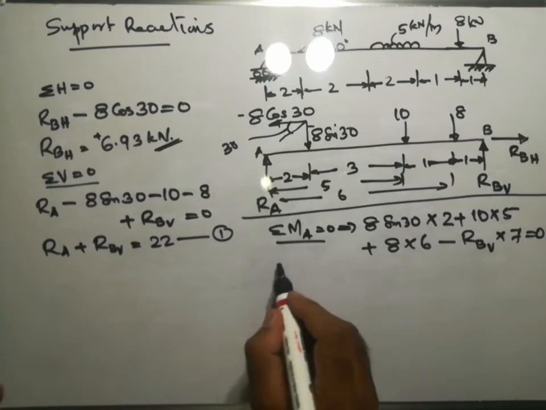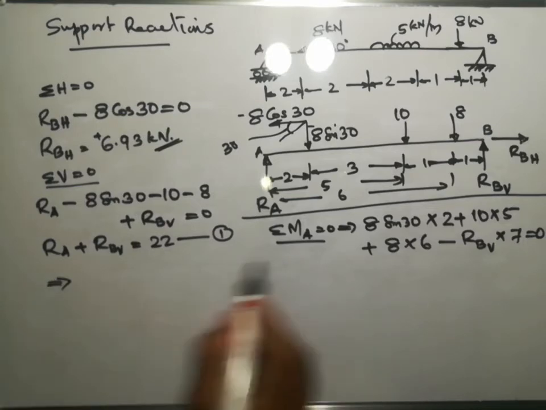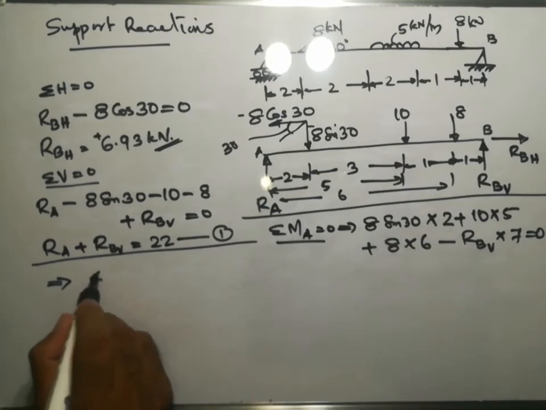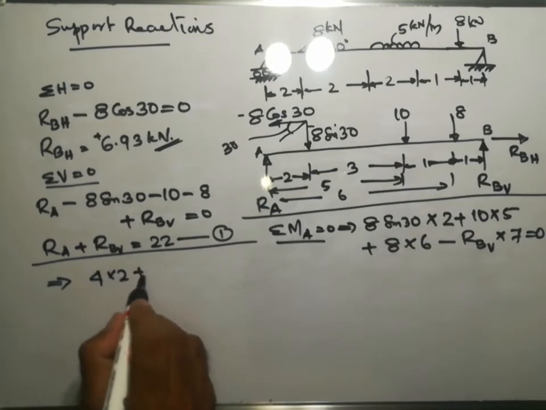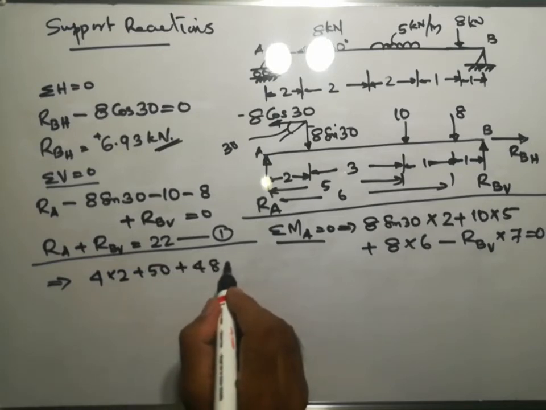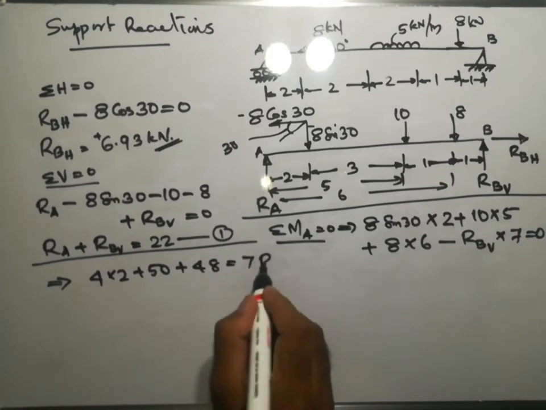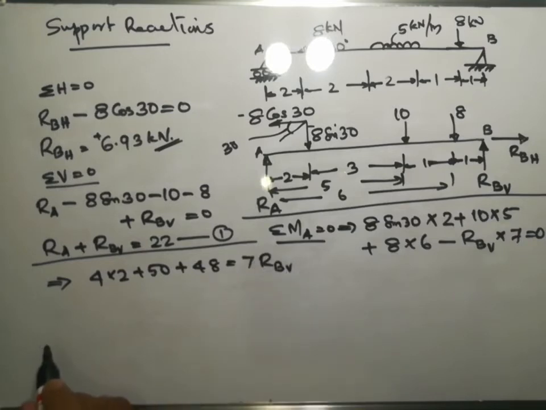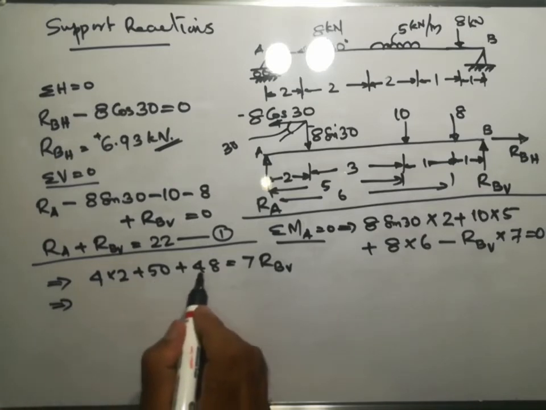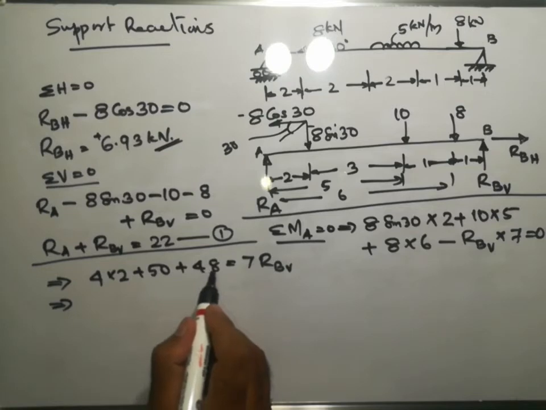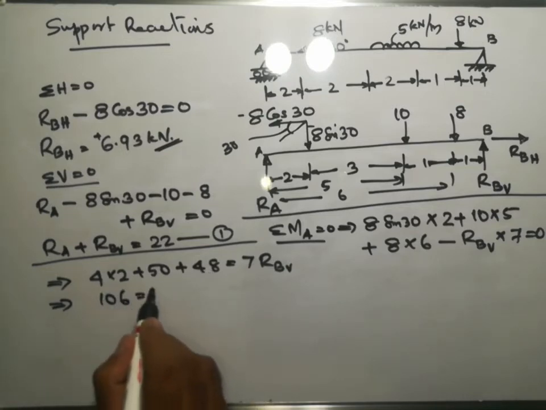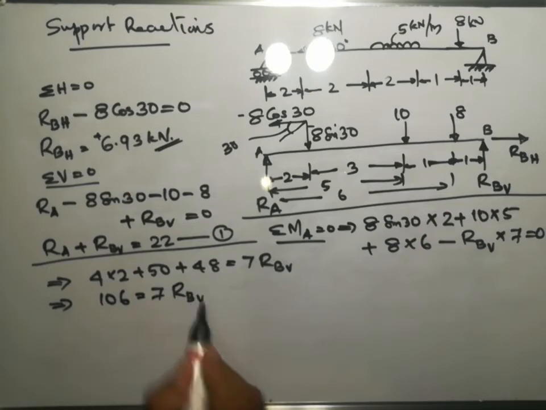So this will give you 8 sin 30, which is 4, into 2, plus 50 plus 48 equal to 7 RBV. So this will give you 106 equal to 7 RBV.